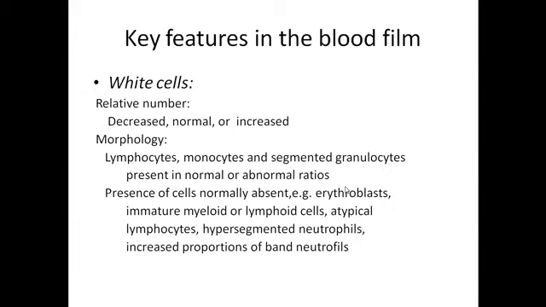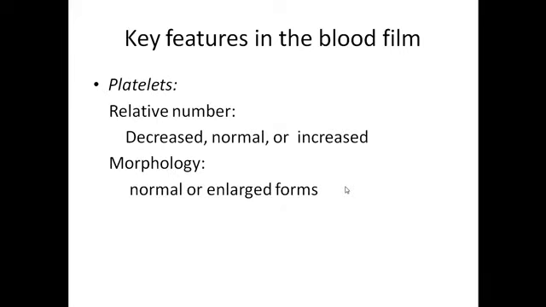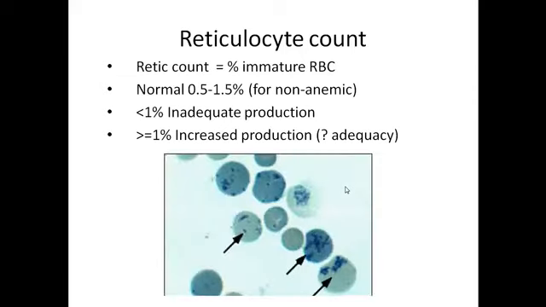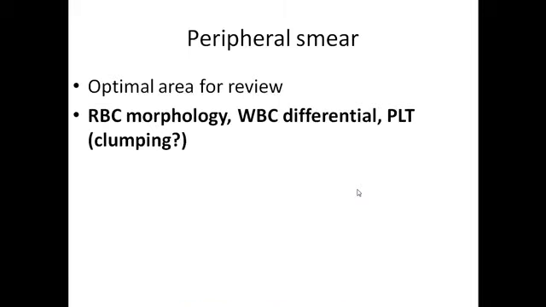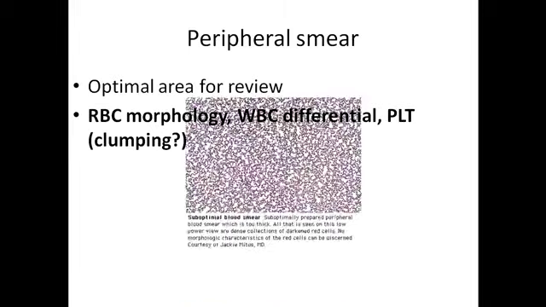So a question that is asked: what are the blood film findings in case of iron deficiency anemia? We have to know this. Reticulocyte count: what are the causes? Peripheral smears.